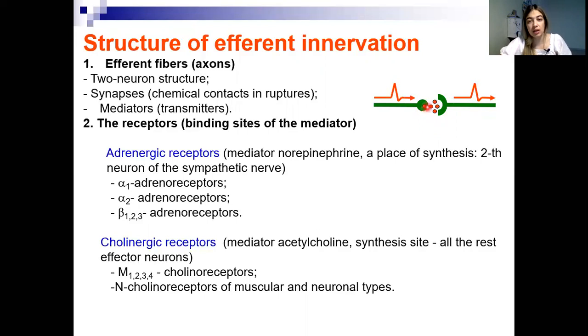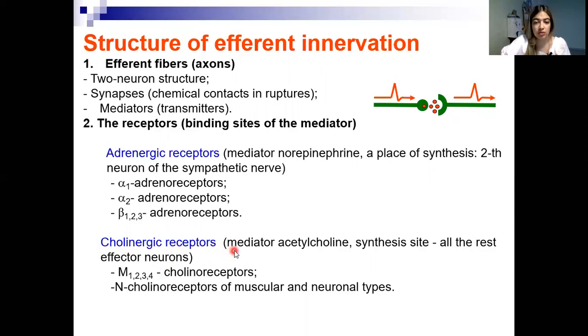And for the neurotransmitter to work, they have something to affect. What is that mysterious something? They are receptors. So we have adrenergic receptors in these neurons, and we have cholinergic receptors. For us, more interesting today is the group of cholinergic receptors, because we are talking today about the cholinergic system.